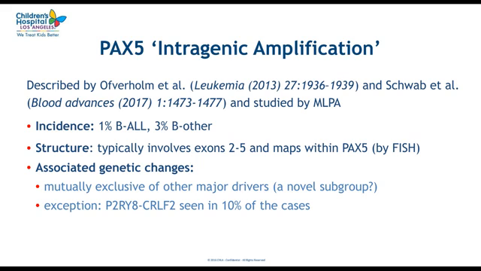However, this fusion is tricky because it can be a primary driver in CRLF2-positive Ph-like BLL, but it can also be a secondary abnormality in a variety of different subtypes. And so the authors hypothesized that this could still be a secondary abnormality, with PAX5 copy number gain being the primary. They refer to this abnormality as PAX5 intragenic amplification, but I think that the number of extra copies does not quite reach the definition of amplification, so I refer to it as intragenic multiplication.